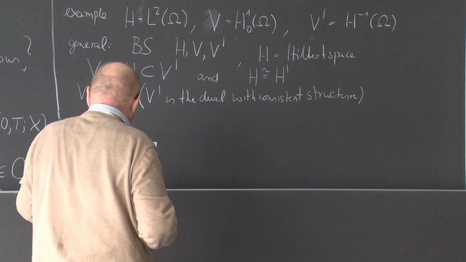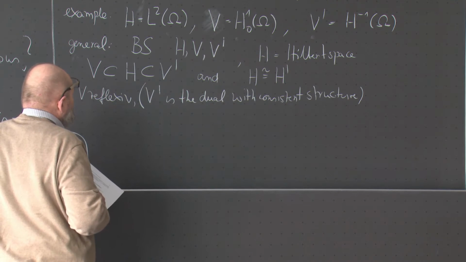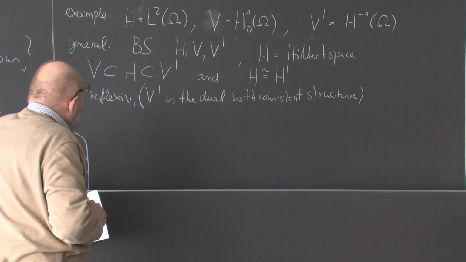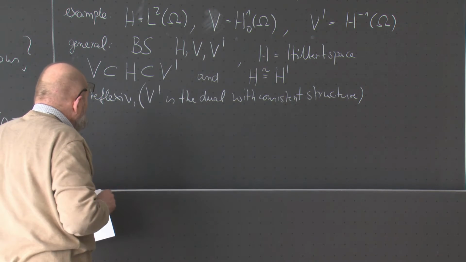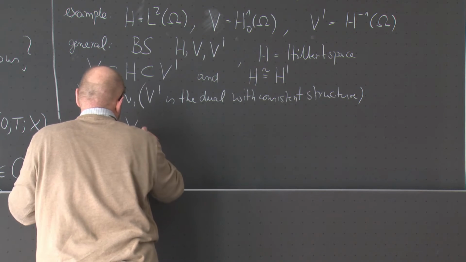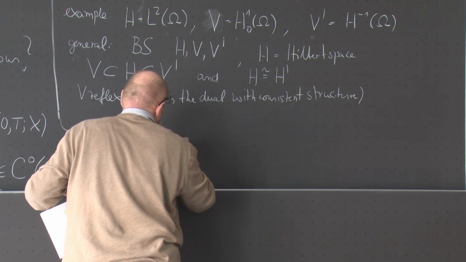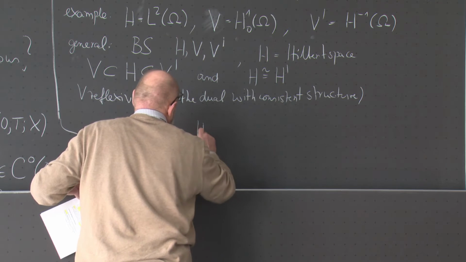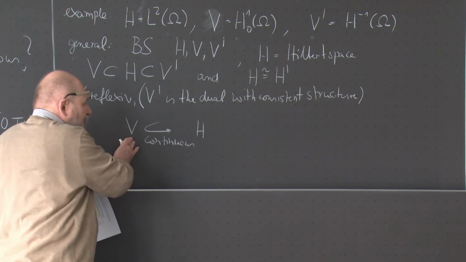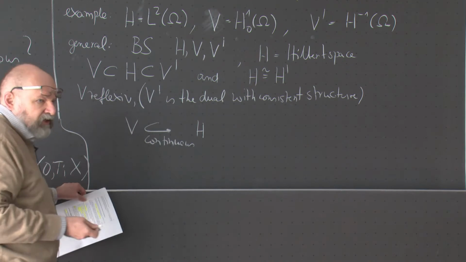Okay. And what still do we want to have? So these are not only set inclusions. With this identification, what we would like to have is at least a continuous embedding. We can estimate, if we have an H1 function, the L2 norm, of course, trivially by the H1 norm.